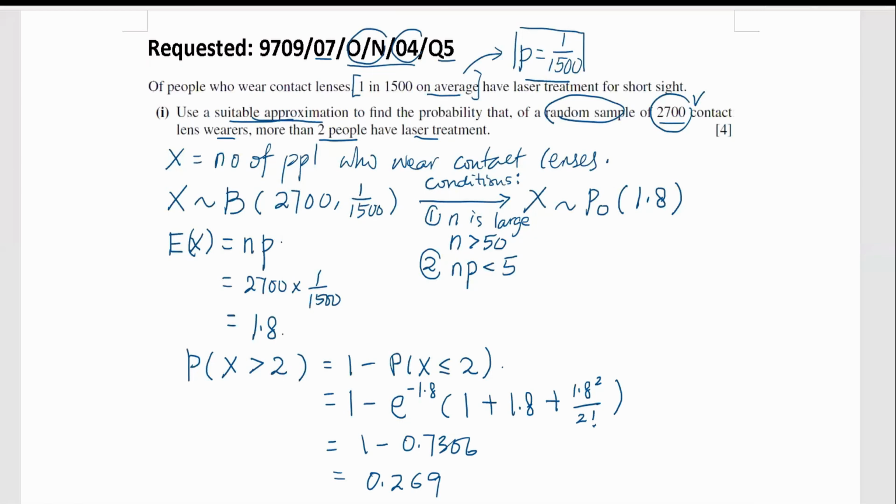Now we look at part 2. Because the question used 1 in 1005 on average in the beginning, when answering part 2 we still use this probability, 1 over 1005.